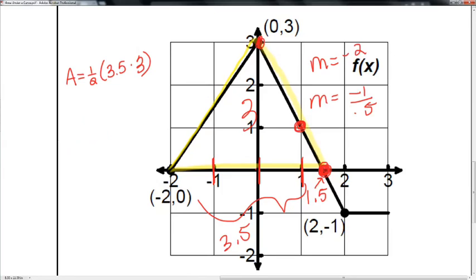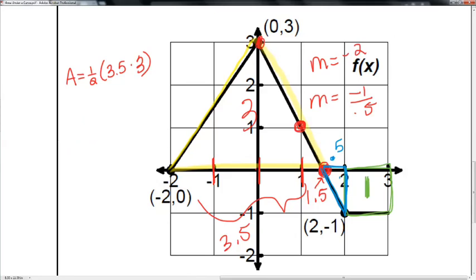Now let's look at this guy right here. He is a square. And I hope that you can just go ahead and guess he's going to be a unit of 1 because it's a 1 by 1. So his area is 1. My last is this really small triangle here. His base is 0.5. We knew that from previously with the red.